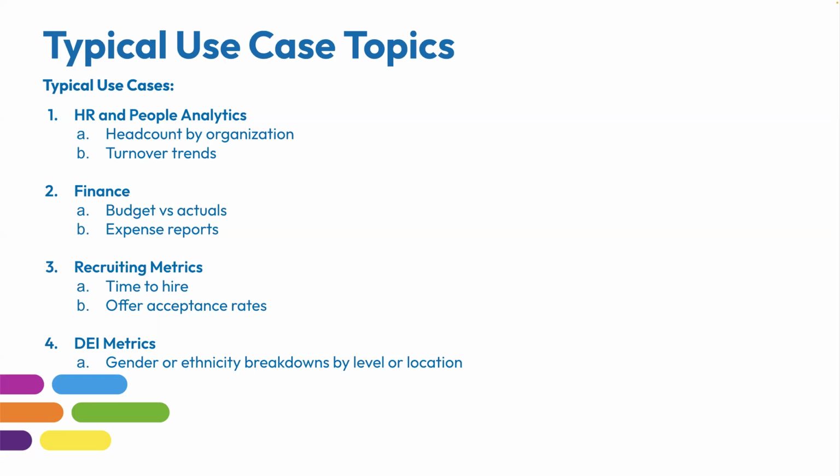Recruiting metrics are also a really cool thing to use here, for time to hire or offer acceptance rates to see how that's going. And DEI metrics are also really common because you can have your gender or ethnicity breakdowns and see them by any other groupings that you would like, because sometimes you want to see that multiple different ways in how your representation looks across your organization. So it's a really cool way to measure that as well.